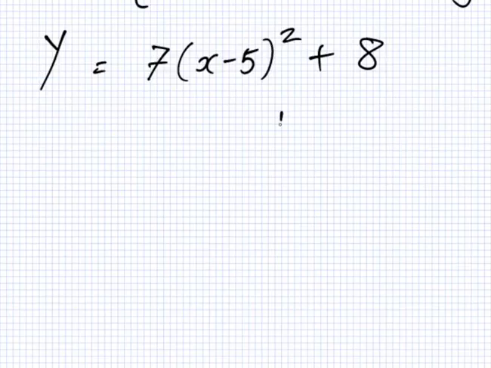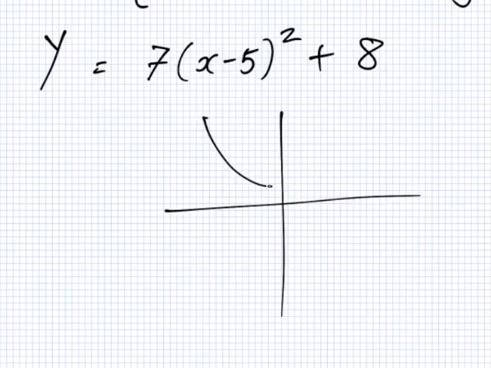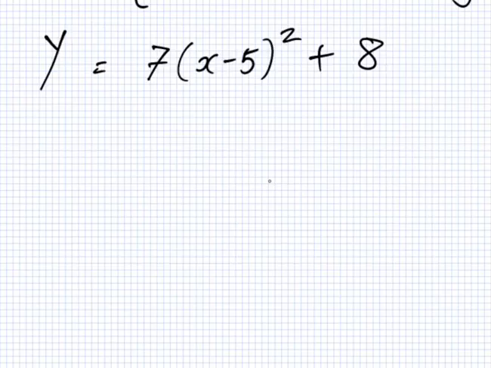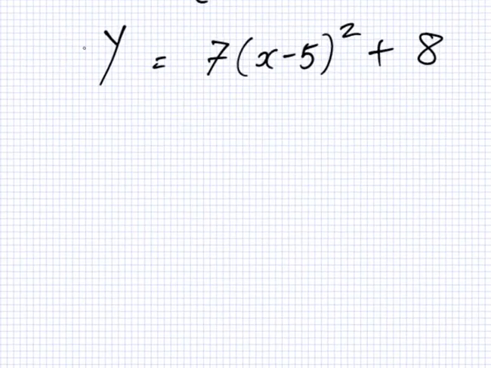Alright, so what do we do when we have non-monic? Let's see if anybody has any ideas. What could we do here? Yeah, but there's no equal sign. It's not like if this was equal to 0, you could divide by 7. Take 7 out.